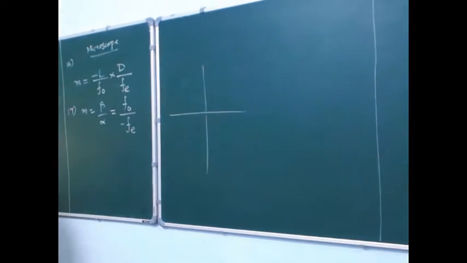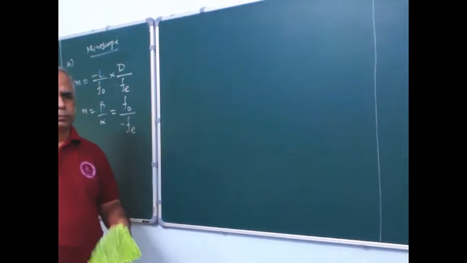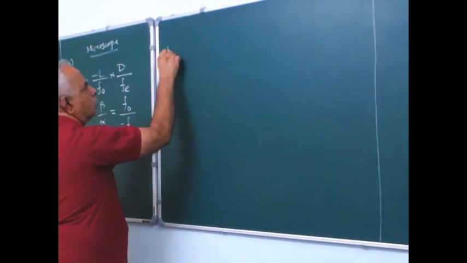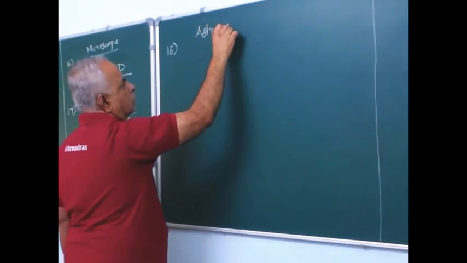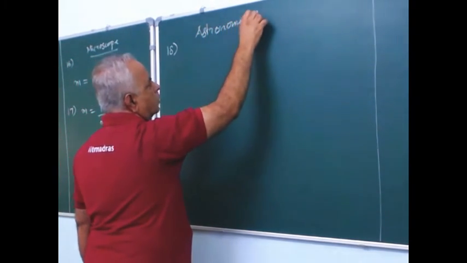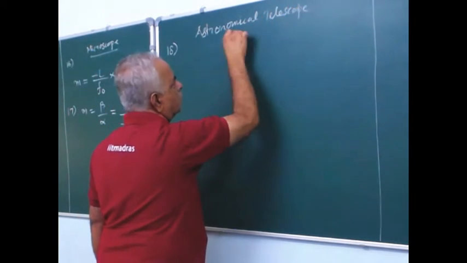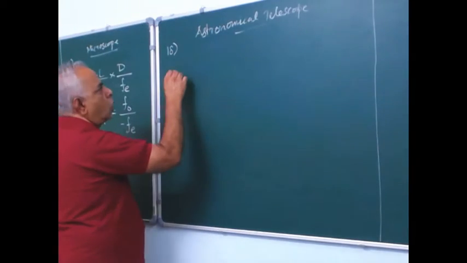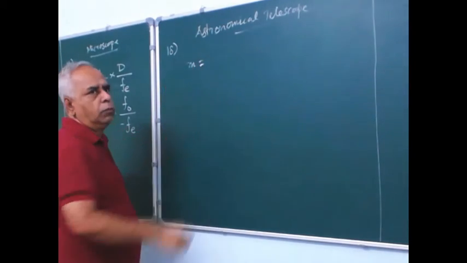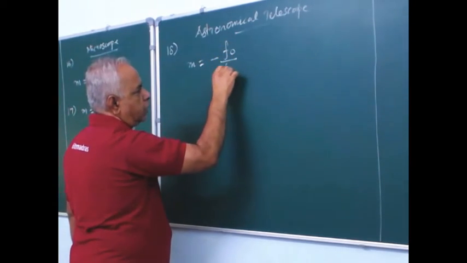Now let us proceed with the astronomical telescope. The magnifying power in normal adjustment, that is M, is equal to minus f naught divided by fe.